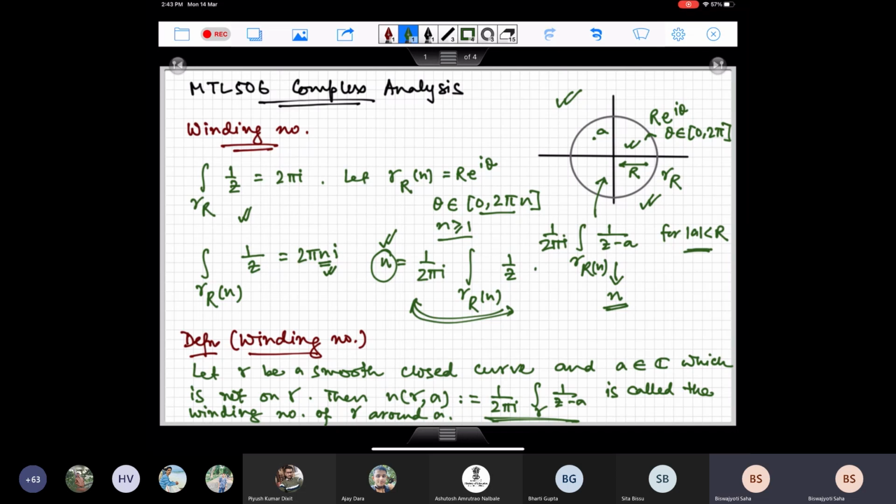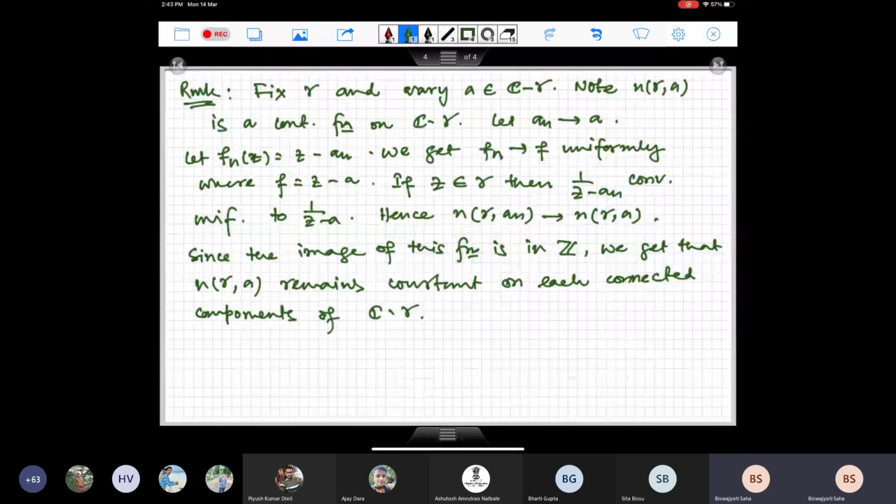Of course, I could have told you in the very beginning from this picture, but now that you understand this n gamma a as a function of a, it's a continuous function from C minus gamma to Z. We see that any connected component you take of the set C minus gamma, there your n gamma a is going to remain constant. Okay, so this is what we understand.